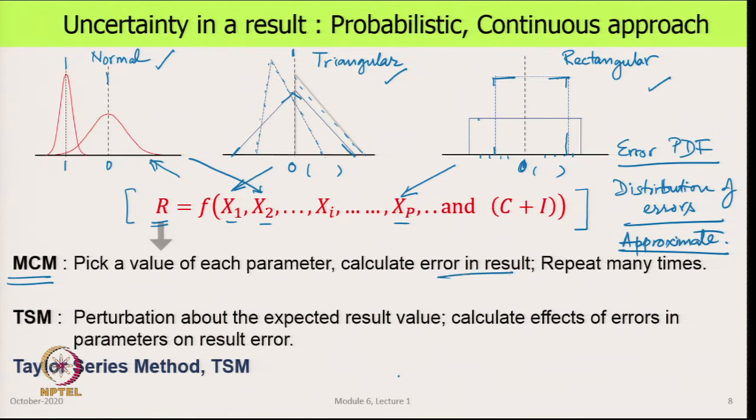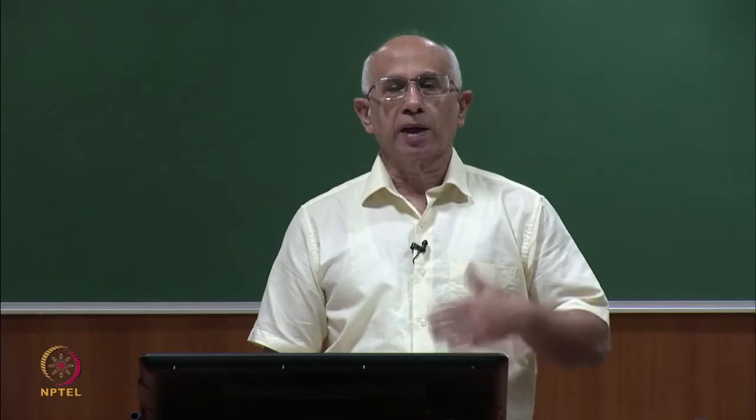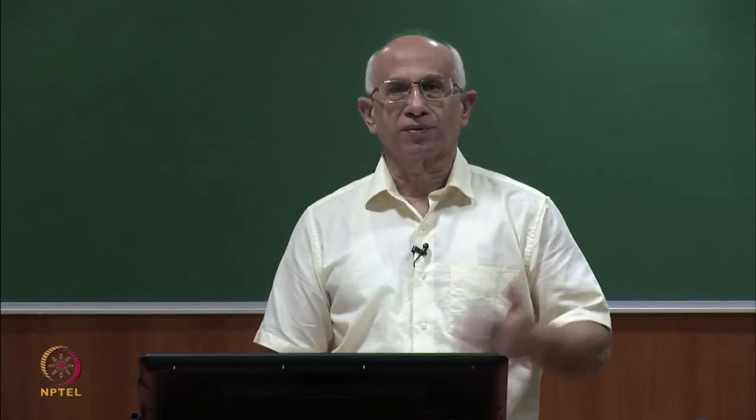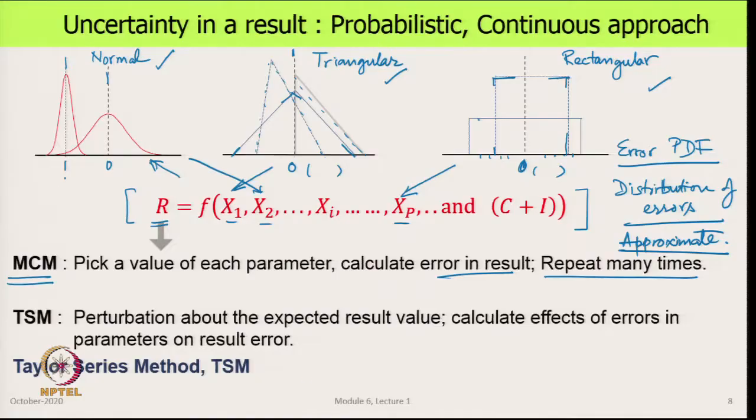Now, do this many times. This means that it's not just once, 2, 5 or 10 times that you do. You literally have to do hundreds, if not thousands, if not tens of thousands of times. You have to do it as many times that finally you say that, look, I have got so many data that have come about this variable. If I plot this, I get the assumed variable from which I was drawing these numbers.